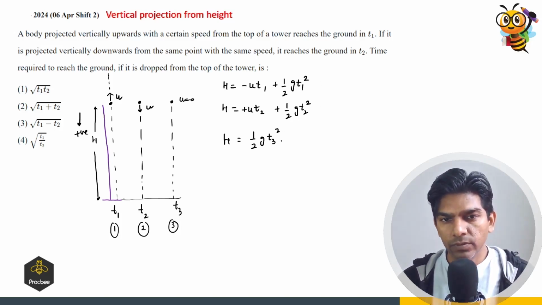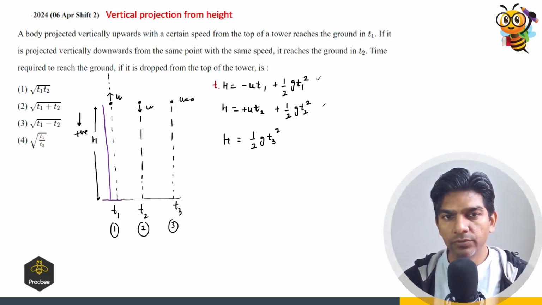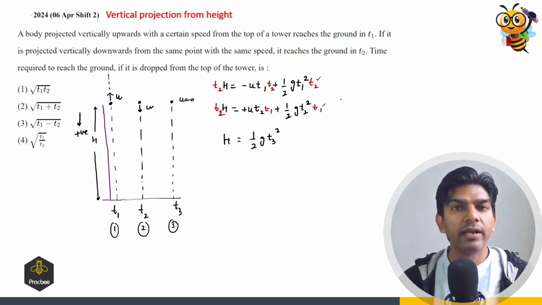Now let us eliminate u in the first two equations. How can we do that? Let us multiply the first equation with t2 and the second equation with t1, and then add these two equations.